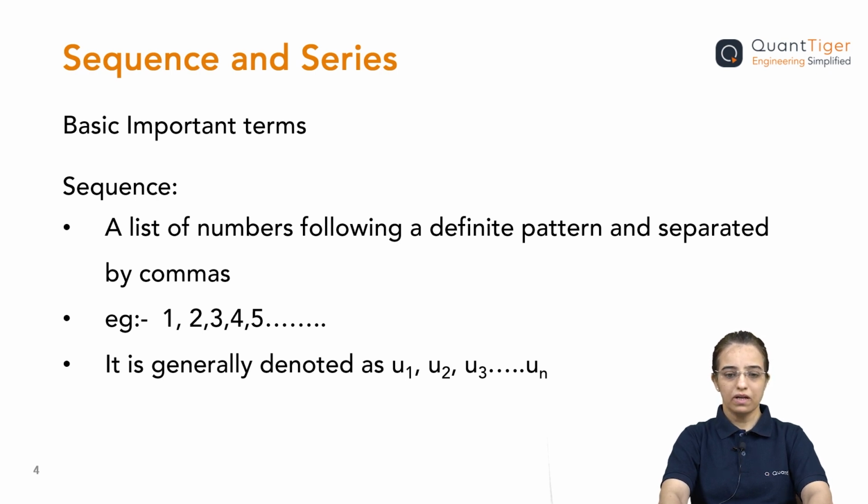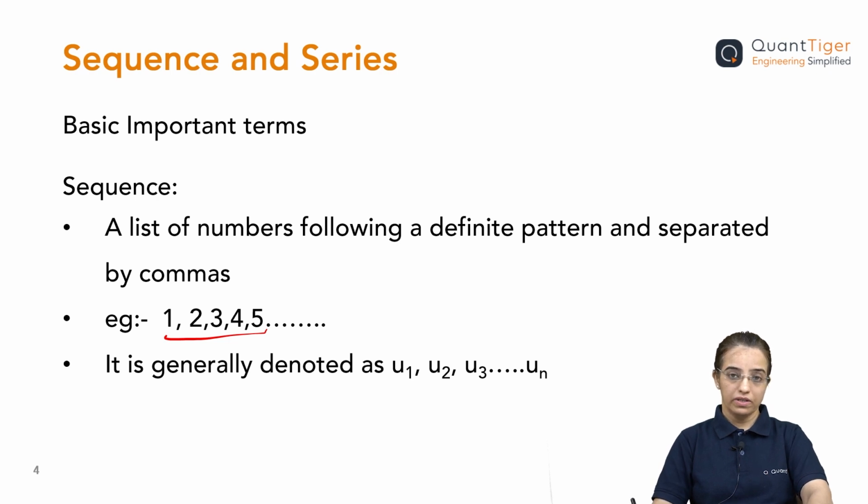A list of numbers, just separated by commas, but following a certain pattern. Here, for example, I have taken 1, 2, 3. You see that it's just natural numbers we have taken, and it's going towards infinity. As you see, there is no final term, so it's going towards infinity.